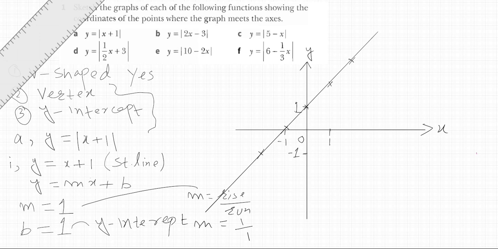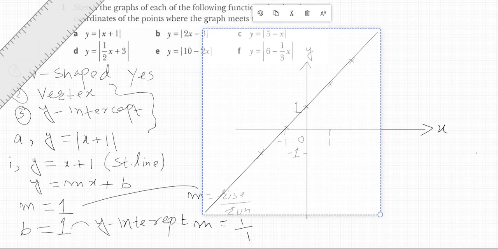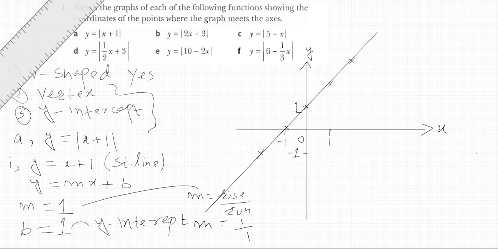So we have to reflect this portion and convert this portion into above the x-axis. How do we do this? It is very easy. Just take the vertex.